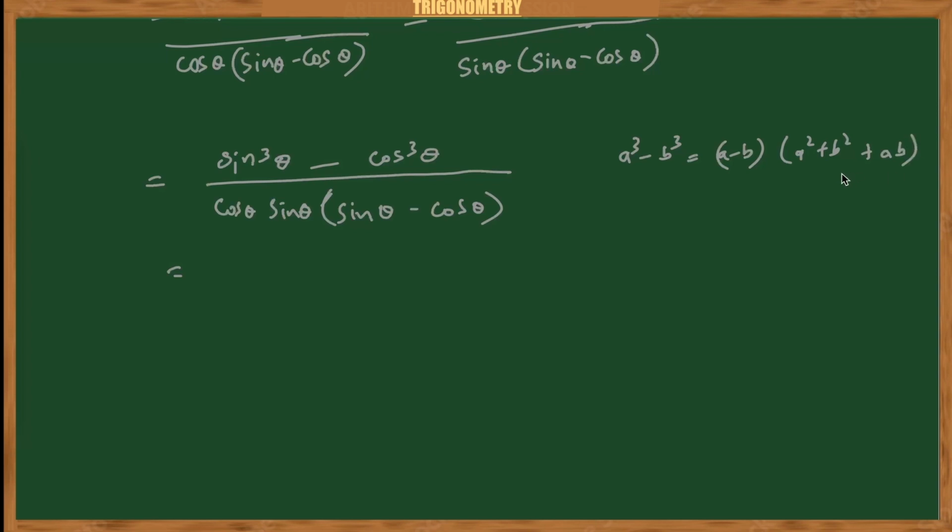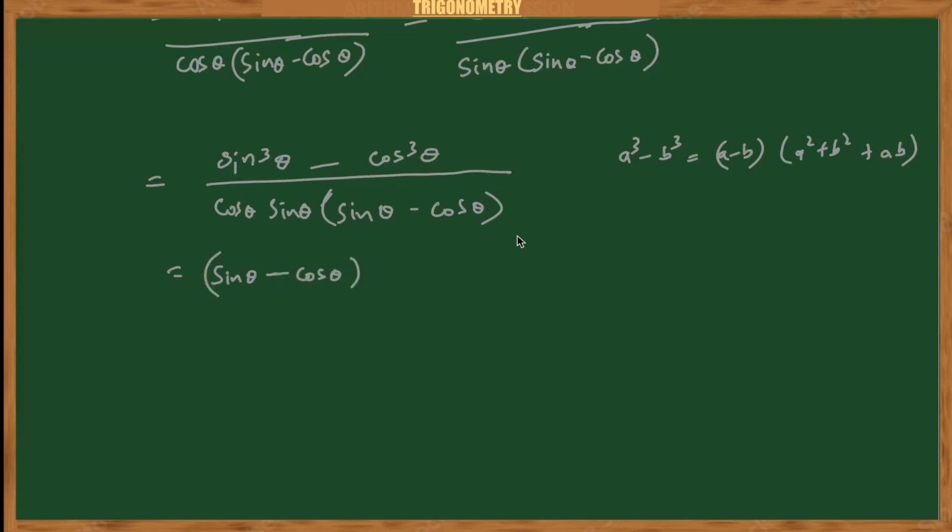In this format we can convert it. Here a is sine, b is cos. So let's put it in this format: sine theta minus cos theta.